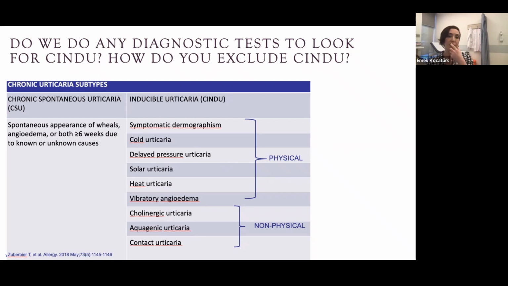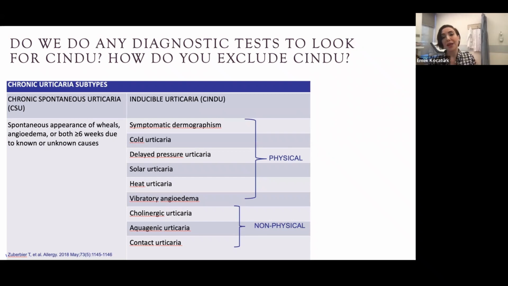And then the inducible urticarias tend to last longer than chronic spontaneous urticaria in terms of the duration of the disease, if we take it like this. So these are the differentiating features between spontaneous urticaria and inducible urticaria.